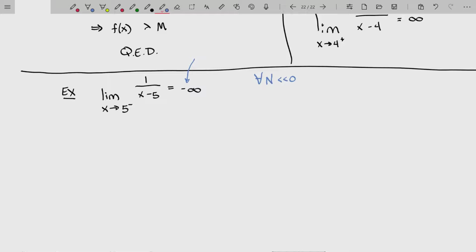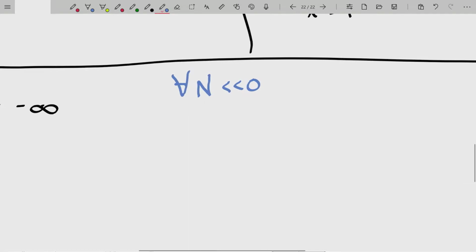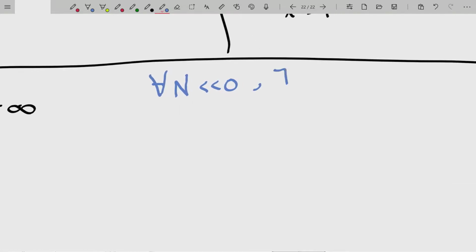So there's no point in saying N is positive. N, the number they're handing me, is going to be super duper negative. My job is still to find a delta such that if the distance between x and a is less than delta, that should imply my function.